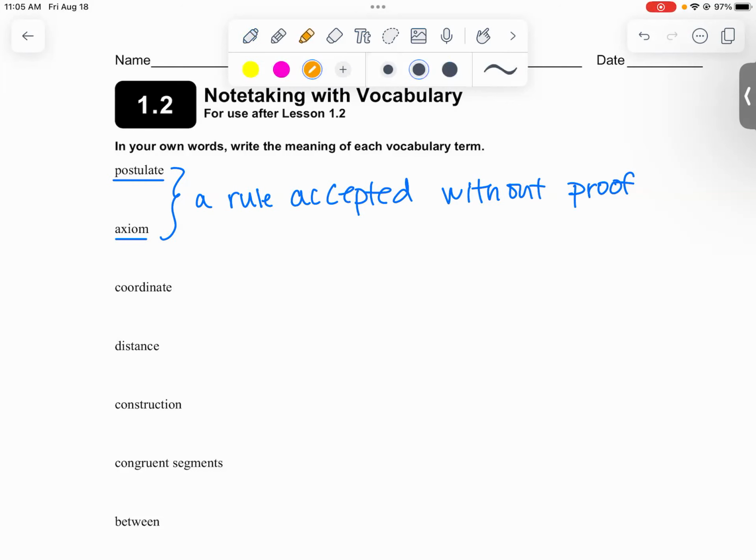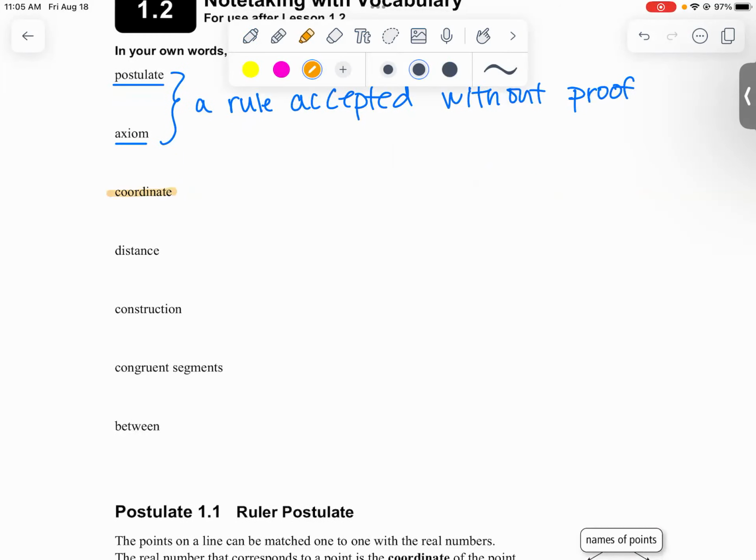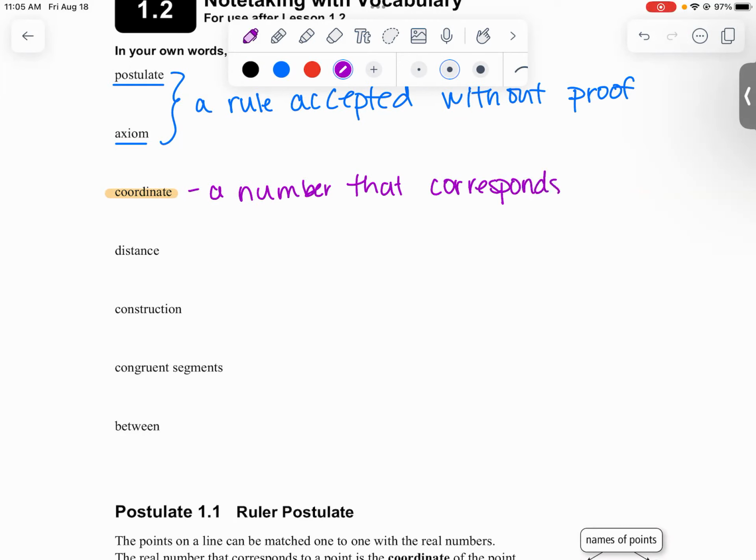So first of all, let's talk about what a coordinate is. Do you have a good way to describe what a coordinate is? A spot based on numbers. Okay, a number that corresponds to a point.